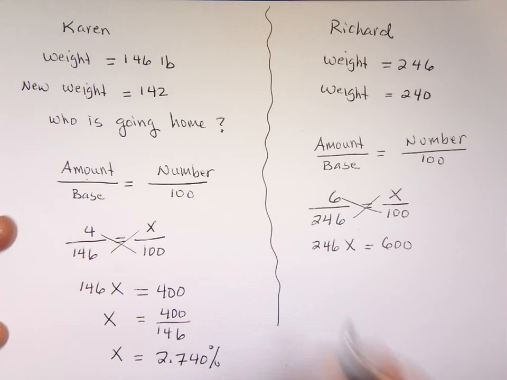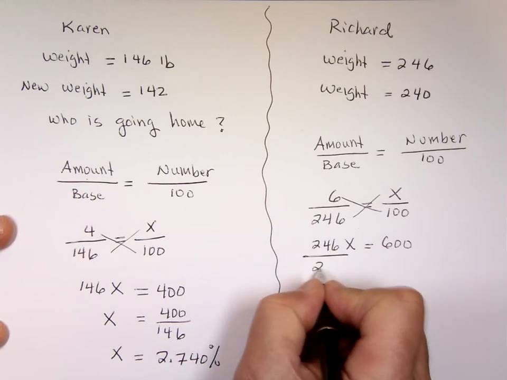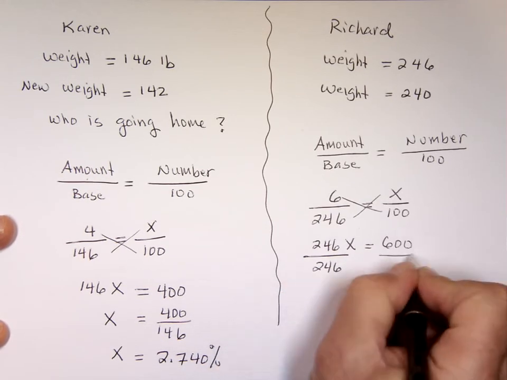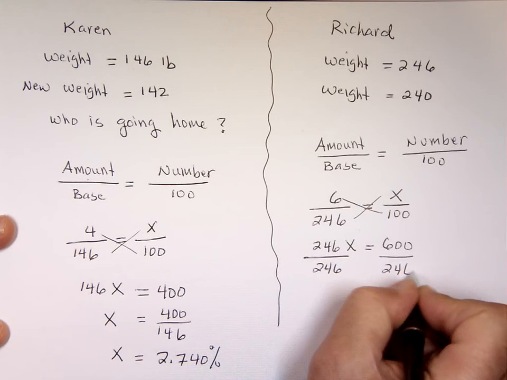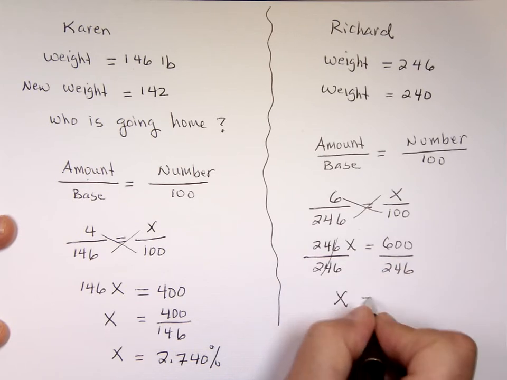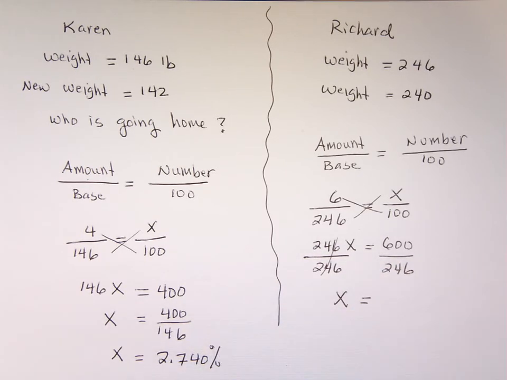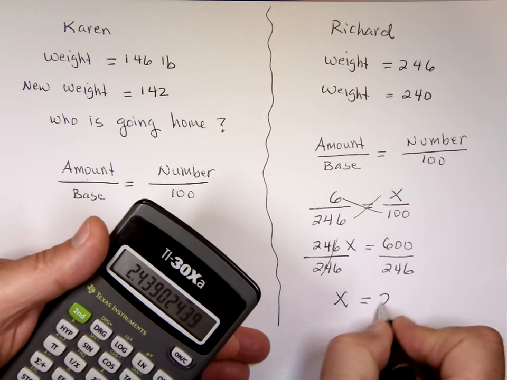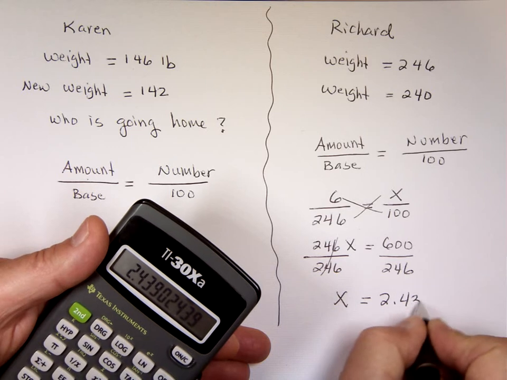Can we solve for x? Divide by 246. I think you're going to be wrong, Jamie. I think Rick is going home, because he weighs more. 2.439%.